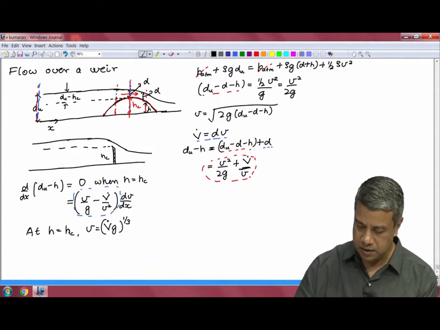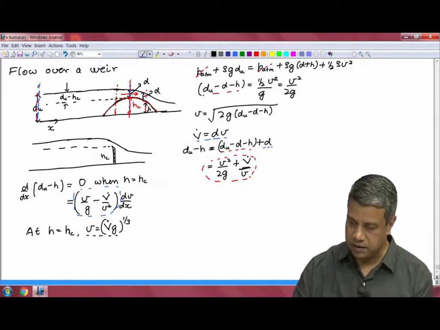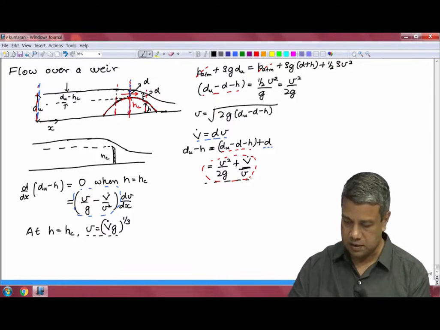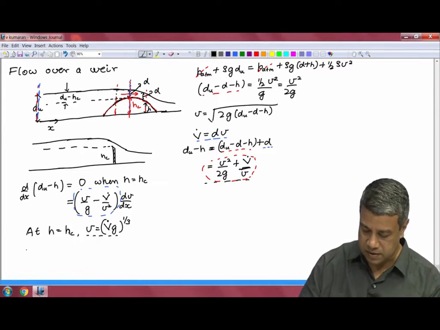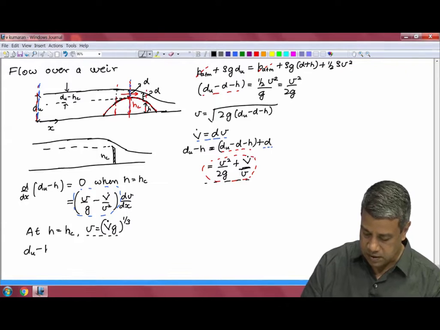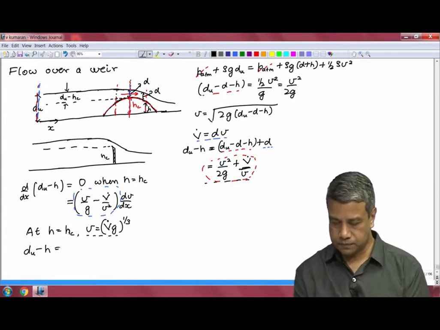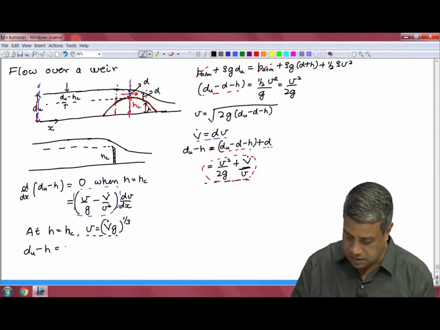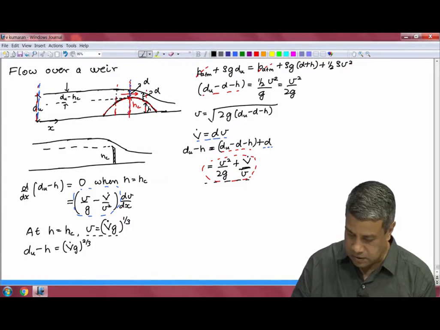And substituting this expression for v into this relation, I get du minus h is equal to (V dot g) power 2/3 divided by 2g plus (V dot by g) whole power 1/3.